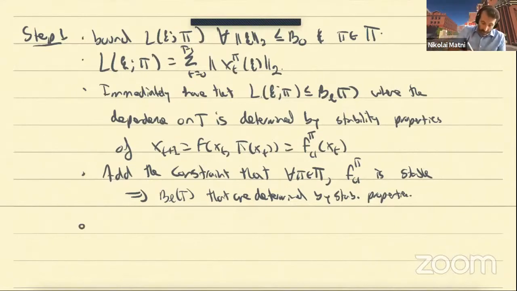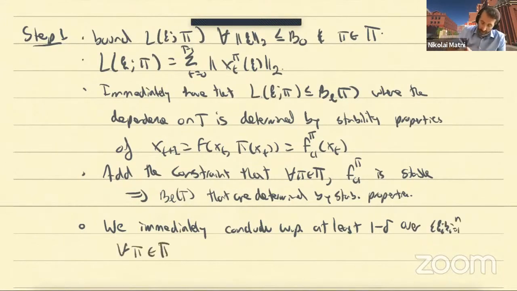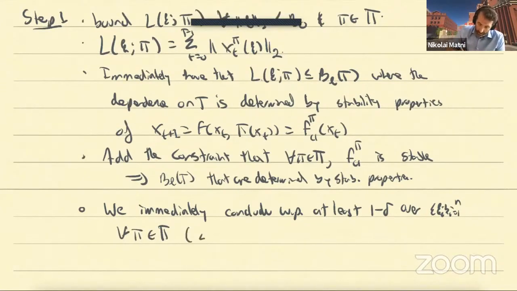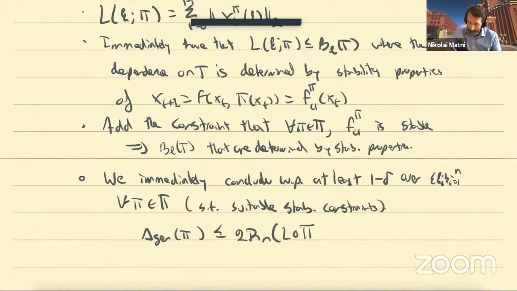So we can already immediately conclude that with probability at least 1 minus delta over my initial conditions, and for all pi in pi subject to suitable stability constraints, we have that our generalization gap is given by twice the Rademacher complexity of L composed with pi, and I'll define that in a second, plus this bound here.